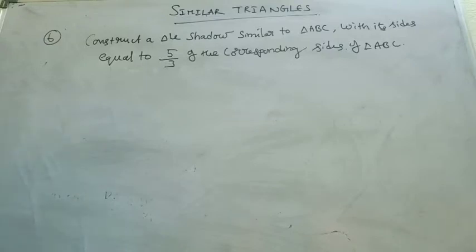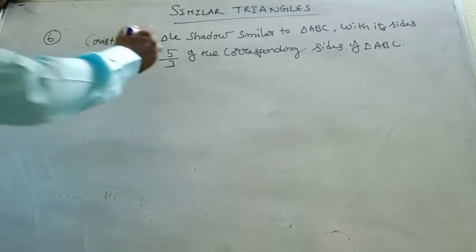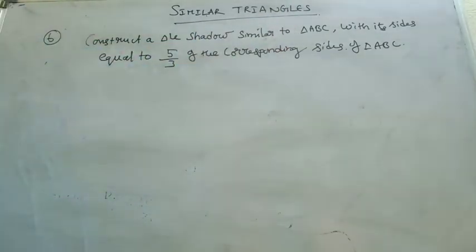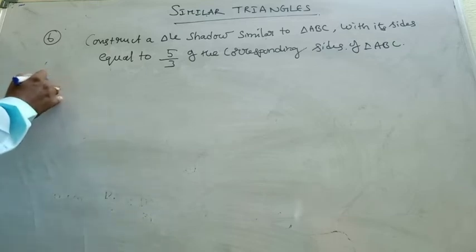Now see here, my dear students, this is a construction. With this construction you are in a position to do the constructions of any other thing. We want to construct a triangle similar to the given triangle ABC with its sides equal to 5 by 3 of the corresponding sides of triangle ABC. See how we will do it, let us discuss.